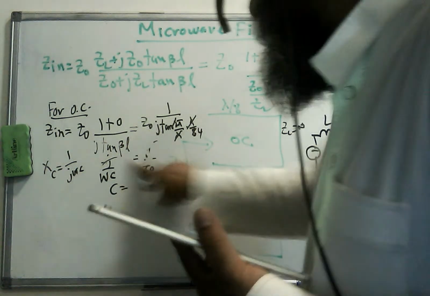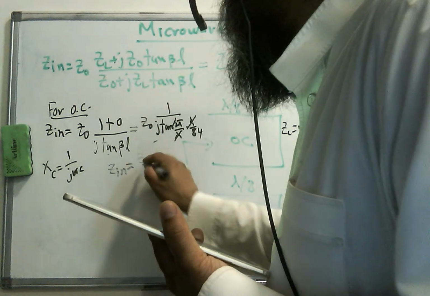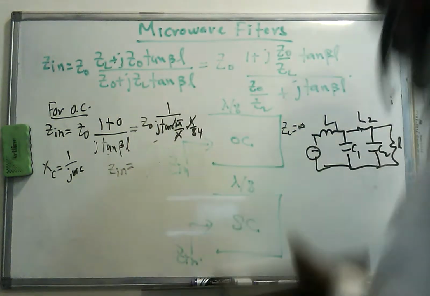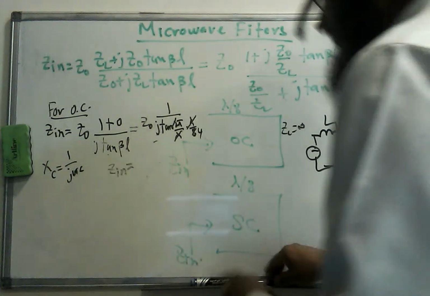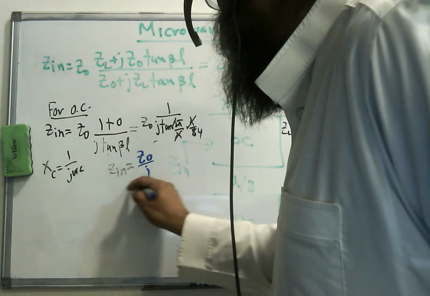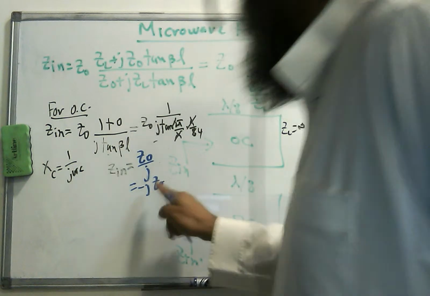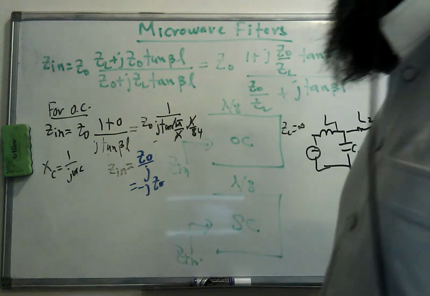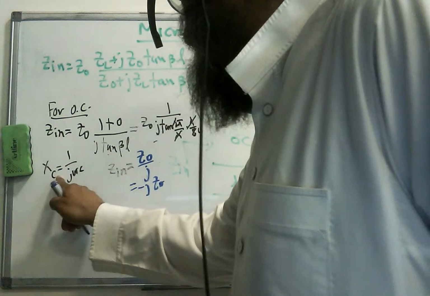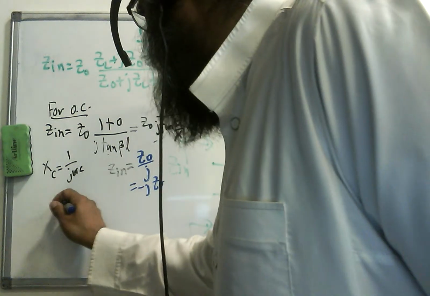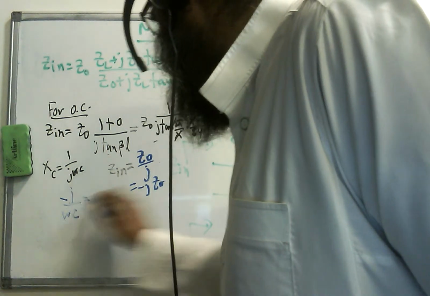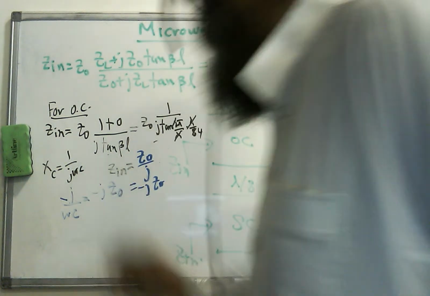So Z naught is in the numerator. So this is Z naught divided by j, or it is minus j Z naught. So from here we can see that it's a negative reactance. So this should be equivalent to some sort of capacitance. Now the capacitive reactance is given by this, so I can make the two equal to find the equivalent capacitance. So this will be minus j over omega C equal to minus j Z naught.